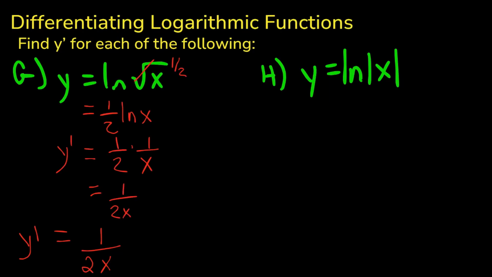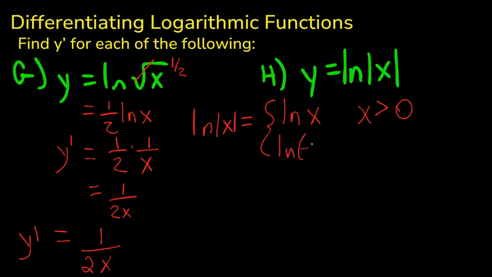Now part H, we have natural log absolute value of x. So what we can do is express the absolute value as a piecewise function. What I mean by that is natural log absolute value of x is going to be equal to natural log x if x is greater than 0, and it's going to be the natural log of negative x if x is less than 0.